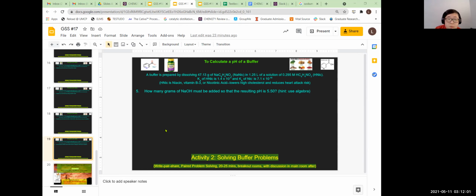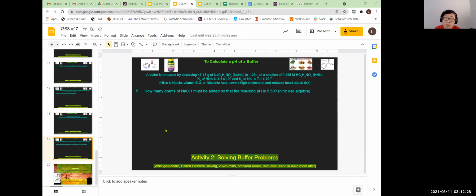The 0.295 here is what we got earlier from right here. That's how much we started with for the concentration of HNIC. The 0.260 comes from the amount of NIC we had initially, which we calculated earlier.